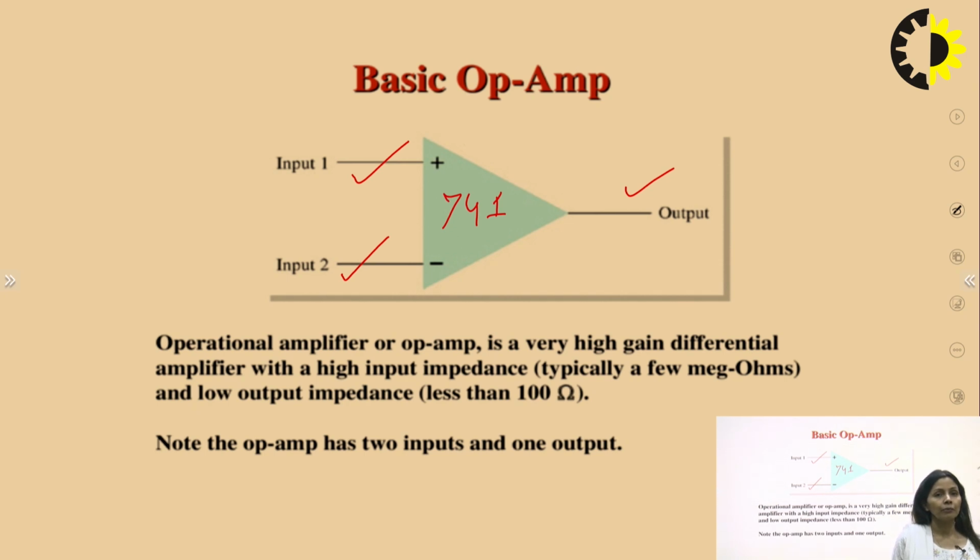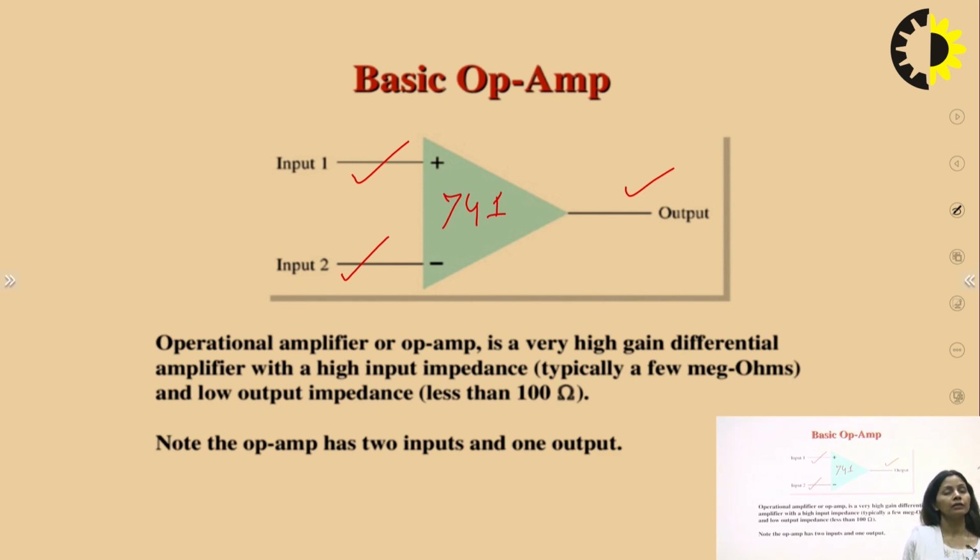Basically, an operational amplifier has a very large gain. If we talk of an ideal op-amp, then we consider that the gain of the op-amp is infinite, but for a practical op-amp the gain is large. It is very high, right? Why are we using this operational amplifier?